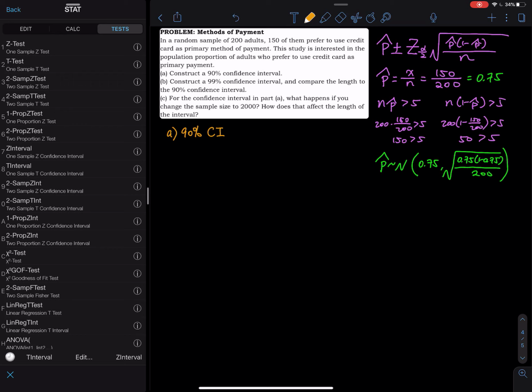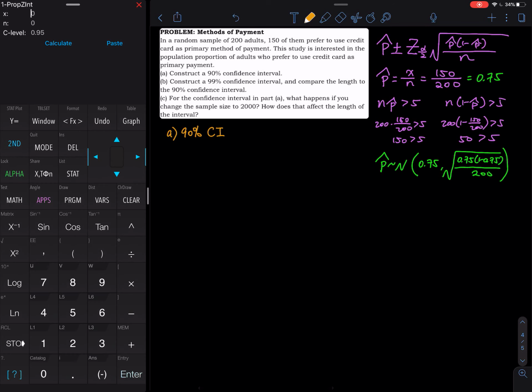So go look all the way down. Do you see that 1 prop z int? 1 proportion z confidence interval. And then you go inside, simple menu, they ask you for x, so we have 150 successes out of 200 sample size, and then the C level is 0.90, and then you calculate.